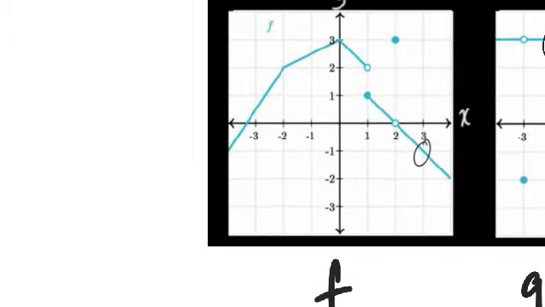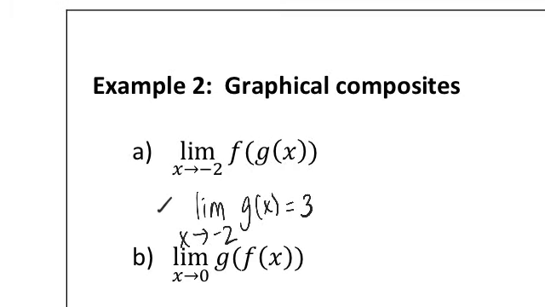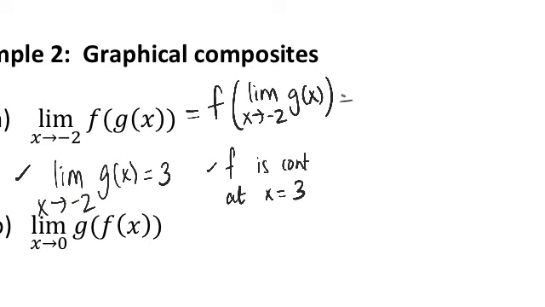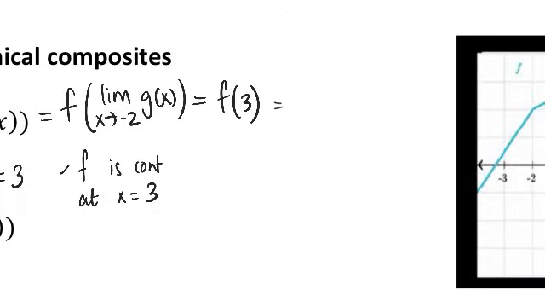Yeah, F looks nice and continuous at 3. So those are my two conditions. F is continuous at 3. I would want to see you writing these two conditions down before you do this on your paper, right? Because that shows the reader, the AP reader or me, that you really know what you're talking about. So then we need F of 3, and F of 3 looks like it's -1.